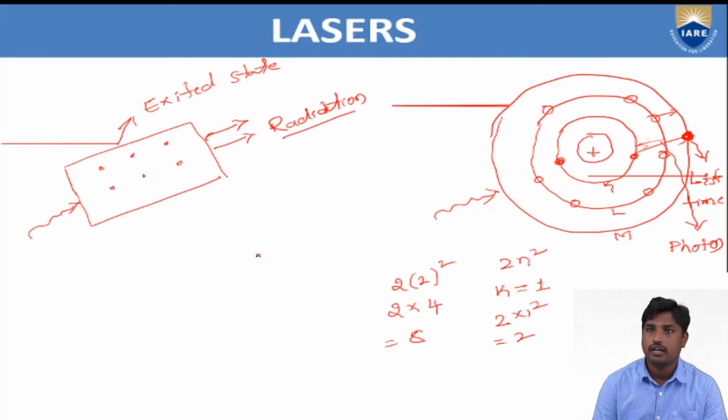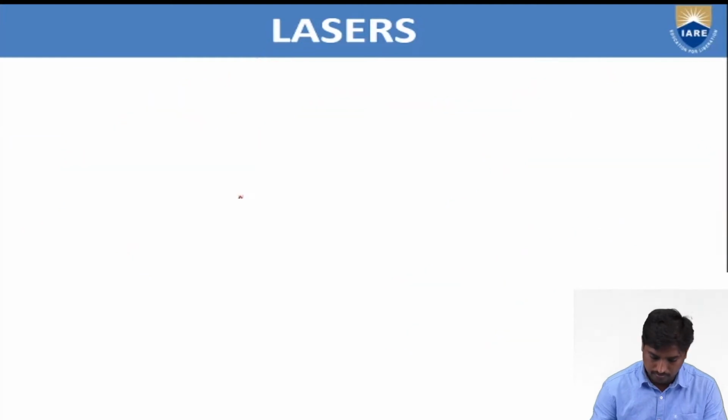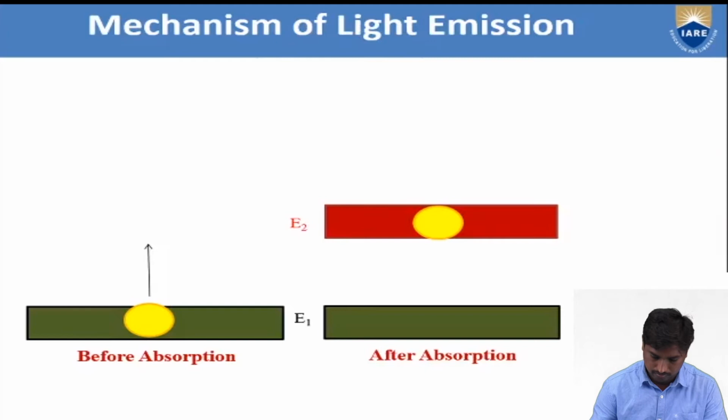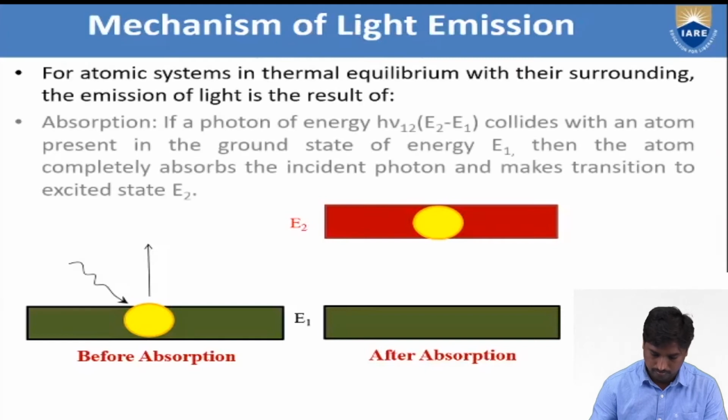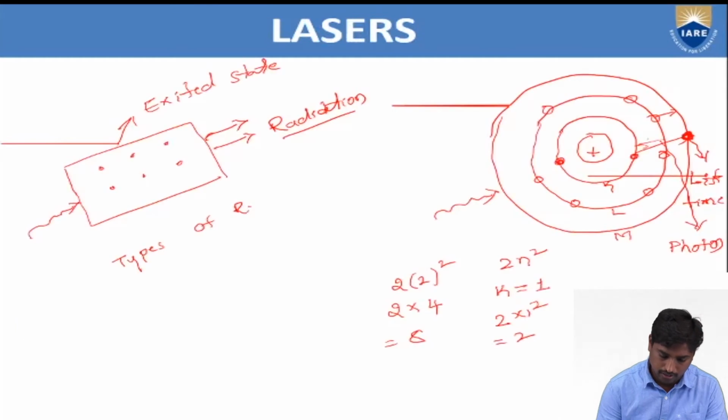Now coming to the types of radiations. We have three types of radiations. One is stimulated absorption.